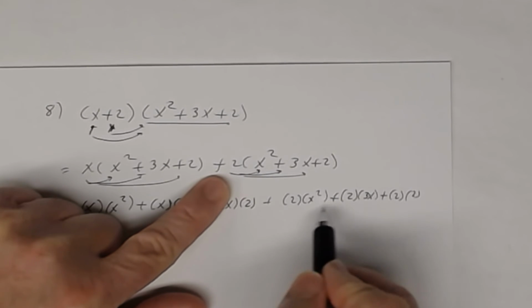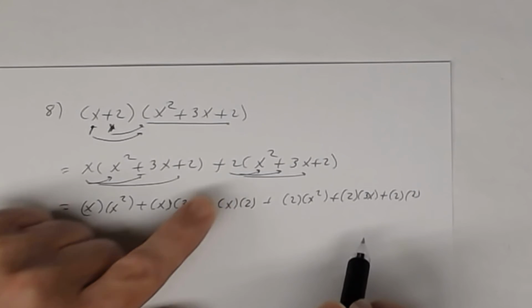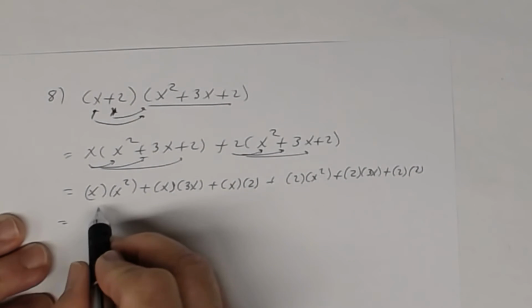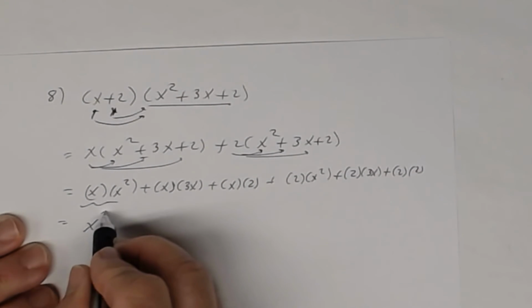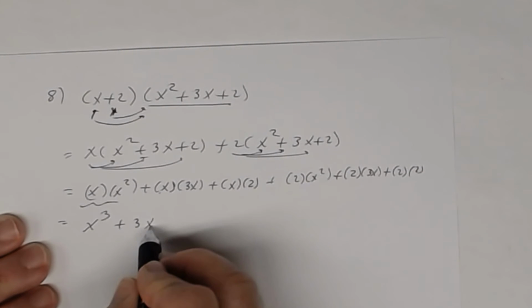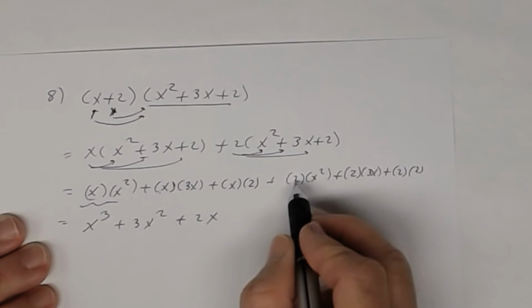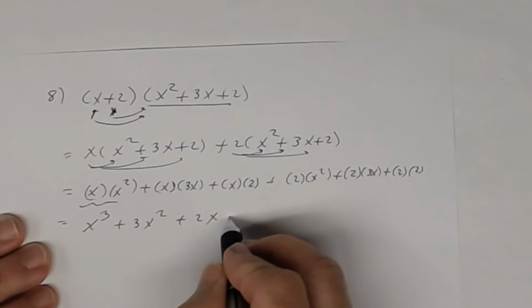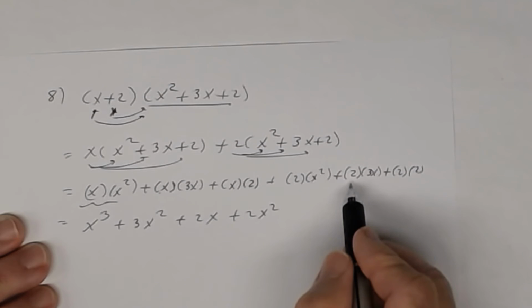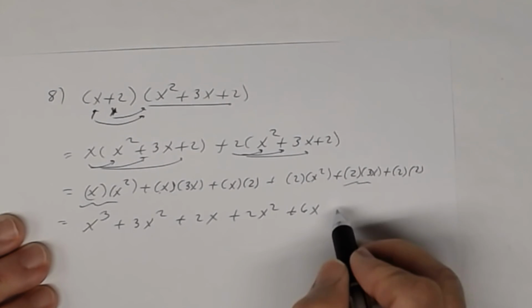So 2 times x squared is this, 2 times 3x is this, 2 times 2 is this. All right, now simplifying each product, x times x squared is x cubed, x times 3x is 3x squared, x times 2 is 2x, 2 times x squared is 2x squared, 2 times 3x is 6x, and then 2 times 2 is 4.